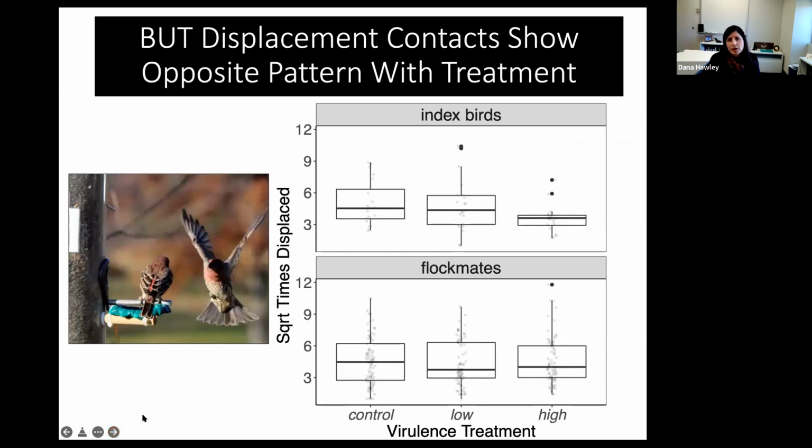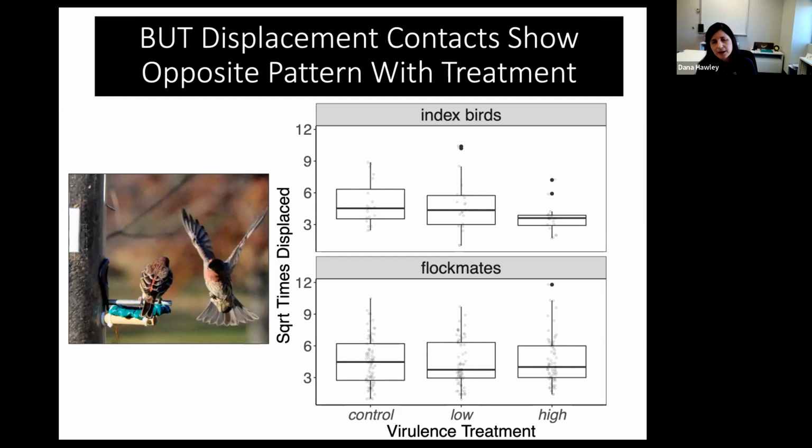First, I'm going to show you what we call displacement contacts. We estimate these by looking at our RFID data, where the antenna reads essentially every second who's on the feeder. When we see the reading go from the pit tag number of one bird to the pit tag number of another within 2 seconds, we consider that a displacement, where one bird came in and displaced the other.